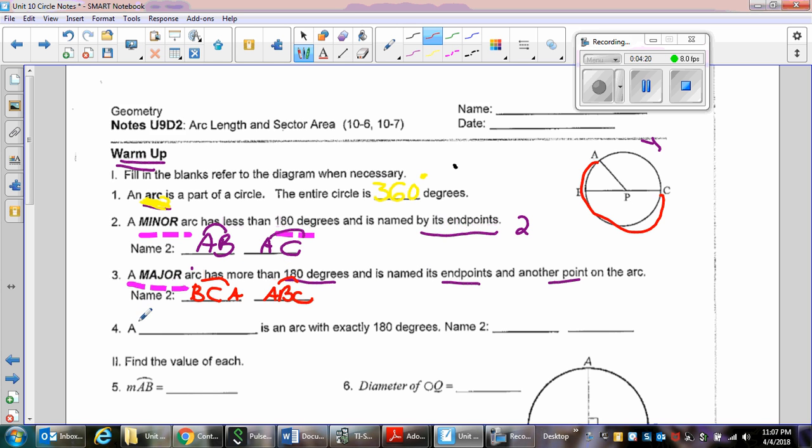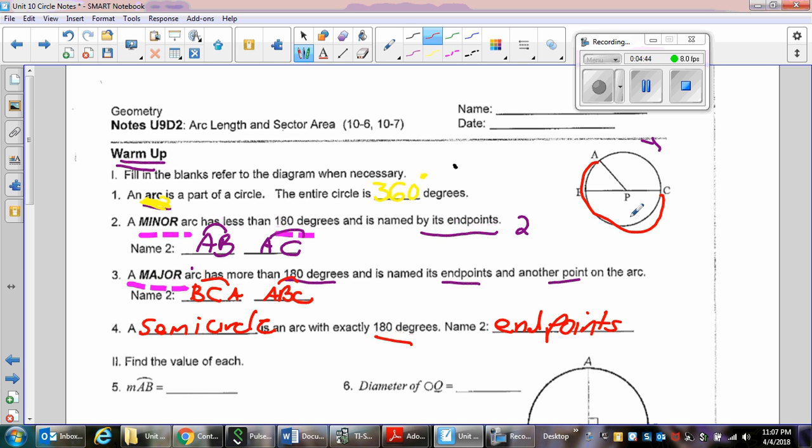And a semicircle, so you put semicircle here. It's kind of hard to write. It is an arc with exactly 180 degrees, and you name two of the endpoints, and you can include one of the middle.